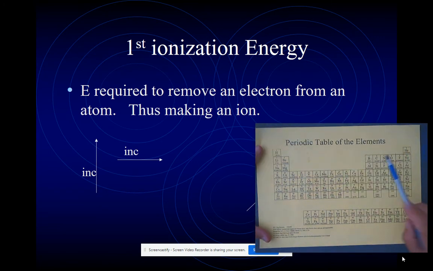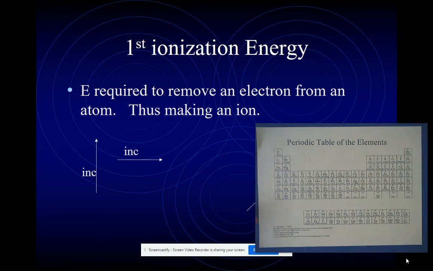Or if I asked between carbon and fluorine, we increase to the right with first ionization energy, so fluorine has a larger first ionization energy, carbon would be lower. We could also do a diagonal one this way and get it right, but if we did a diagonal one this way, we have to say we don't know because the trend has some limitations. We'd have to look it up in a chart, okay?